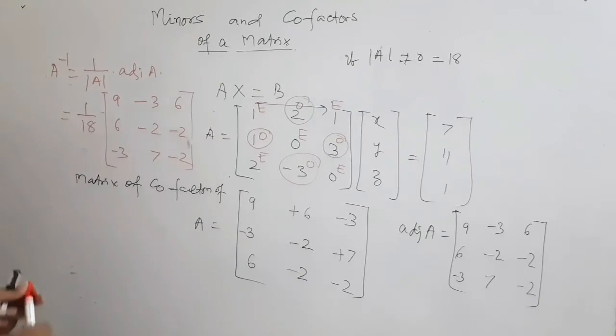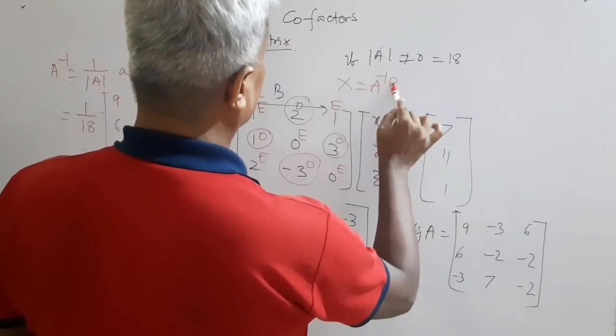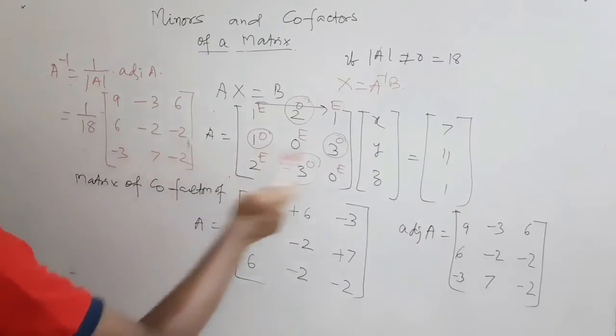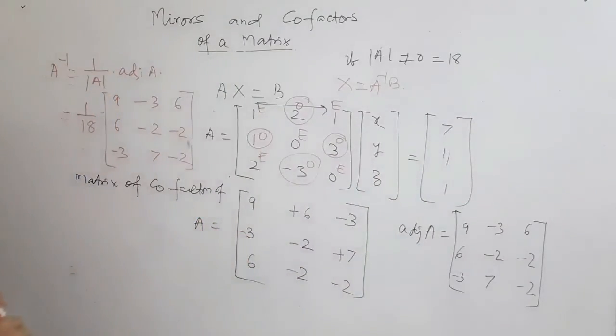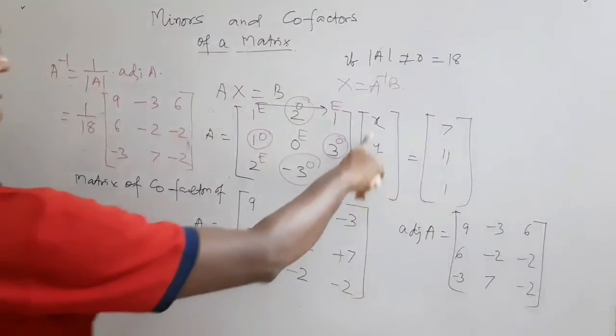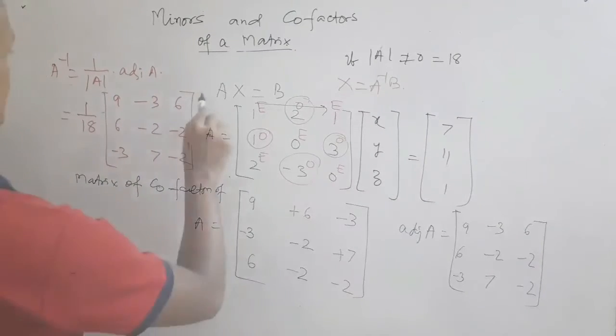Now what we have to do, because here you saw that X was A inverse B. This is my A inverse. This is my B: 7, 11, 1. And the resultant of this will be the matrix XYZ. So I remove some part of this so that with minimal work I can get it.